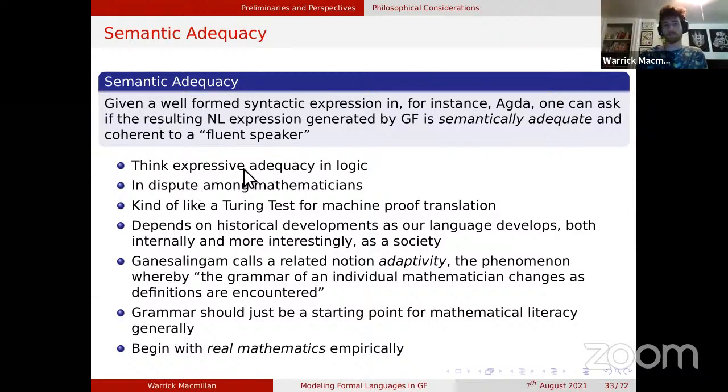This borrows from expressive adequacy in logic, which means that you can have a really small calculus to describe any formula in your logic. And it's in dispute among mathematicians.